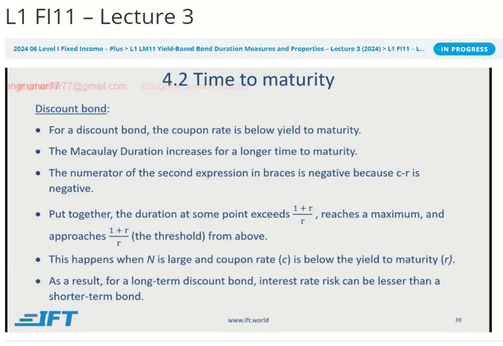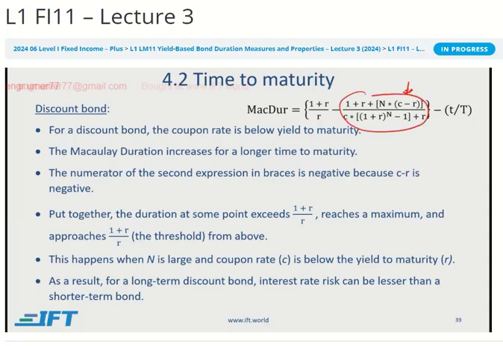However, with a discount bond, what's happening is that this entire thing is going to be negative, which means obviously negative will become positive. Why is it going to be negative? Because the coupon rate is less than your required rate. So this becomes negative, which makes this entire thing negative. And then of course negative becomes positive, and then it increases.